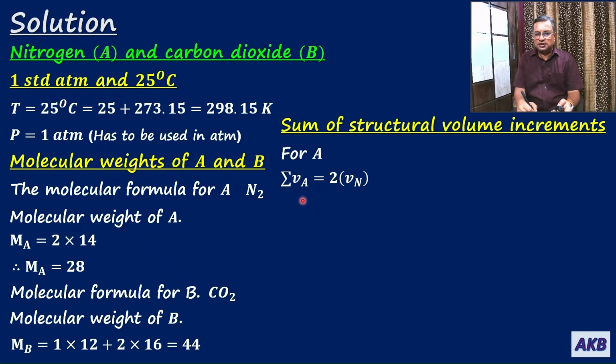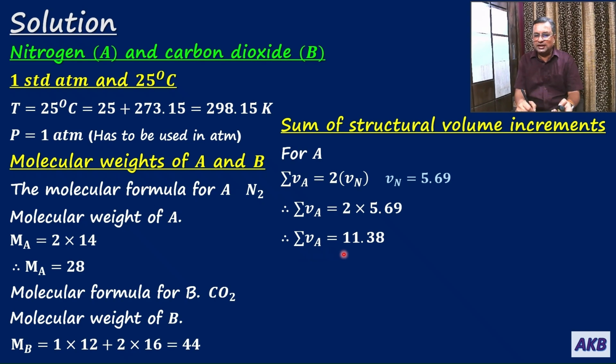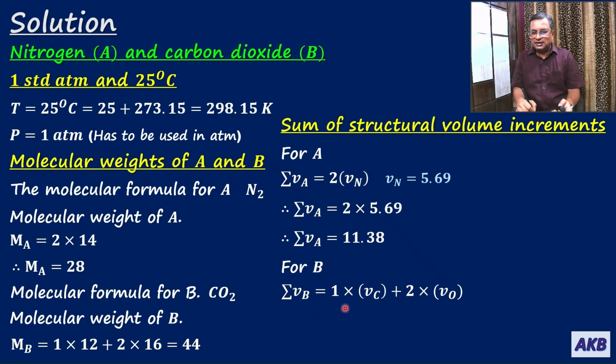So for A, summation of Va is 2 into atomic volume of nitrogen. There are 2 atoms of nitrogen into atomic volume of nitrogen. Vn is 5.69. It is given to us. Therefore, summation of Va will be equal to 2 into 5.69. That is, summation of Va comes out to be 11.38. Then for B, summation of Vb will be the 1 into atomic volume of carbon, because there is 1 atom of carbon, and 2 into atomic volume of oxygen.